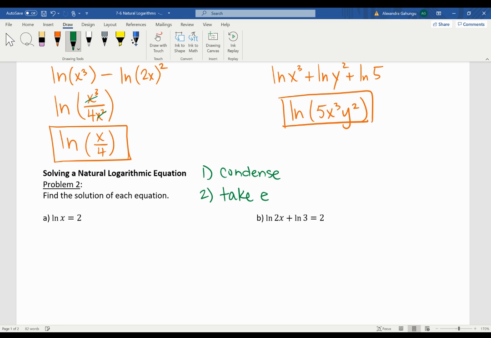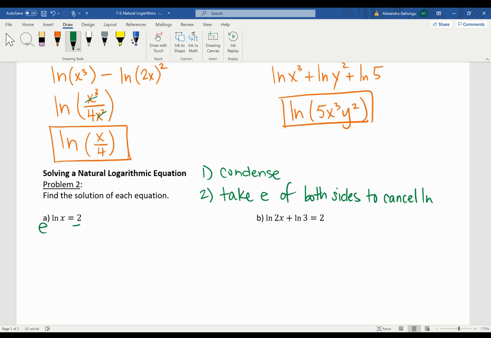We're going to take the e of both sides, because that's going to undo. That's the opposite. So we're going to use that to cancel ln. So ln is by itself. I've got a single natural log here.